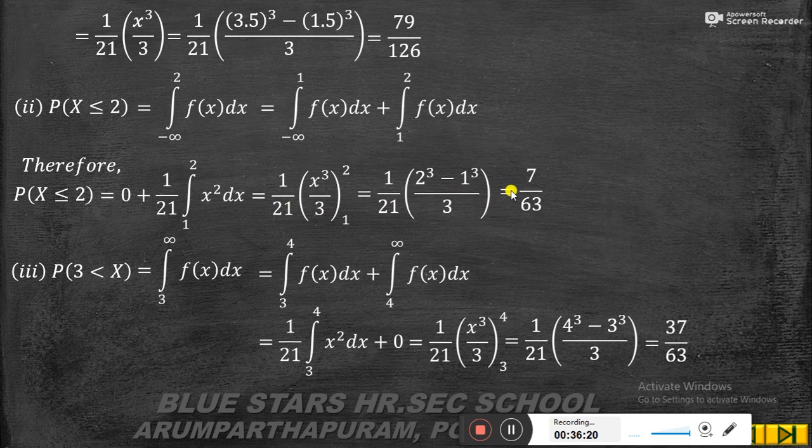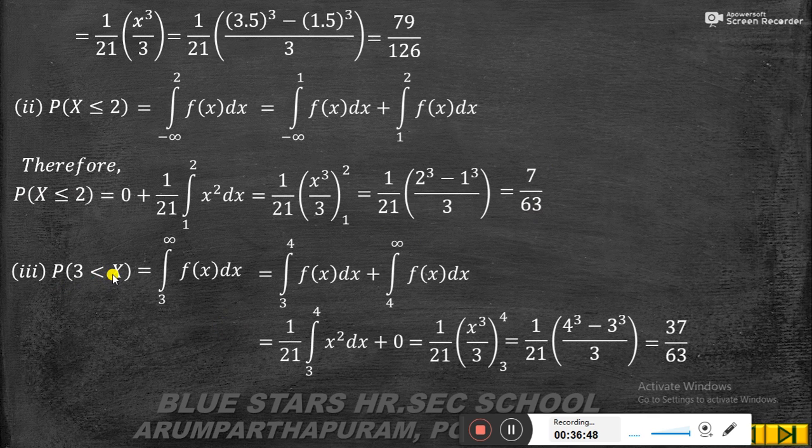So 2 cube means 8, minus 1, that is 7 by 3. Then 21 into 3, so 7 by 63. This is the answer for the probability of x less than or equal to 2, equal to 7 by 63.